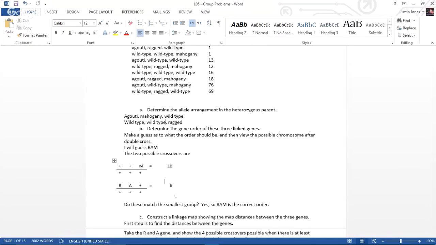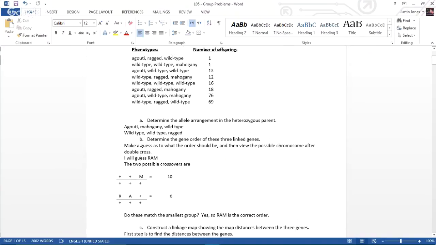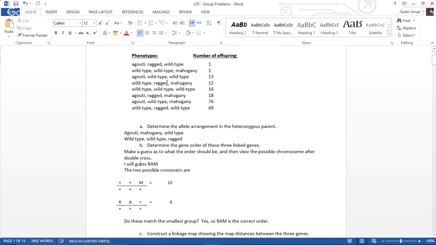I'm sorry. Let me double check to make sure that I'm doing this right. So my guess was RAM, so that was ragged, agouti, mahogany. Okay. So if we do that for this first example, we would need a wild type, agouti, mahogany. Oh, yeah, there we go. That's right. So I was wrong, sorry about that.